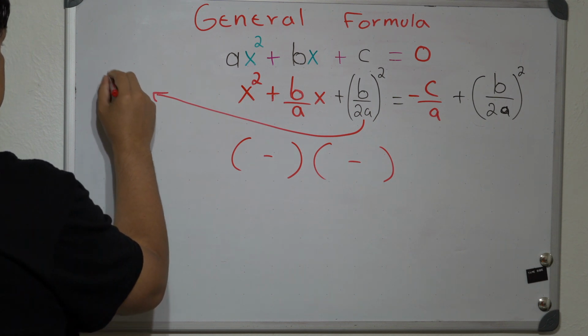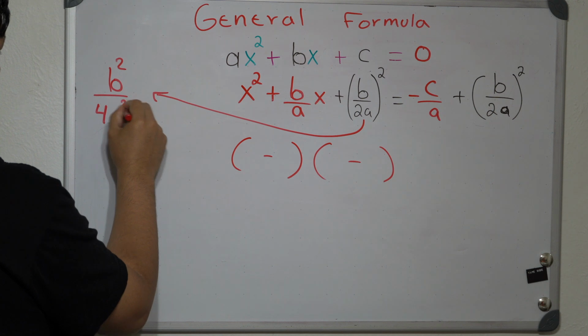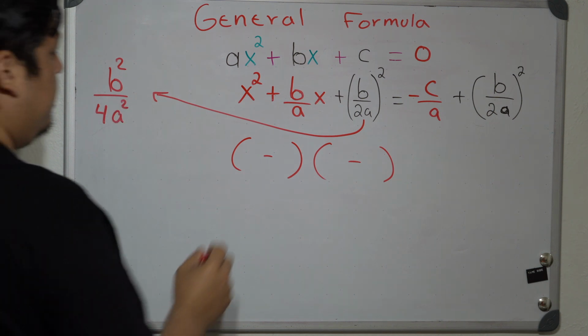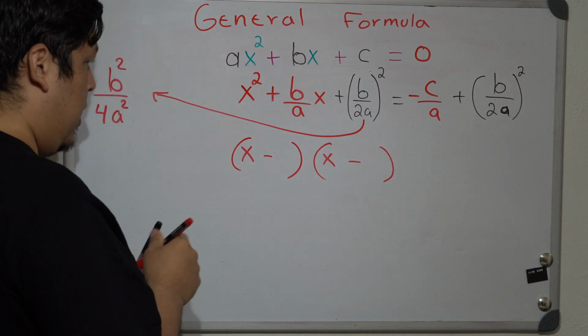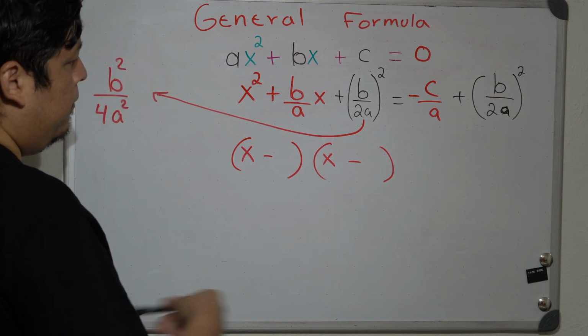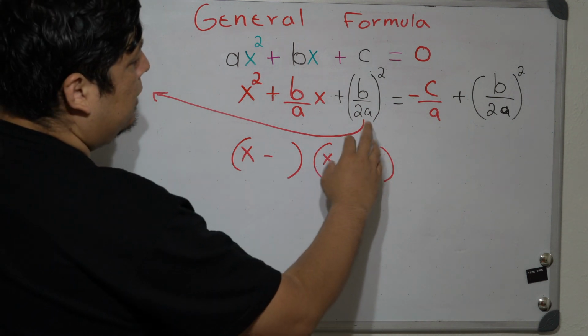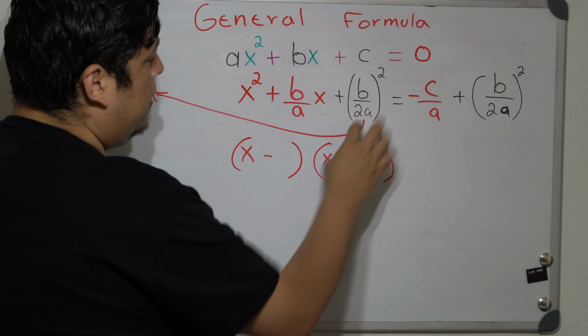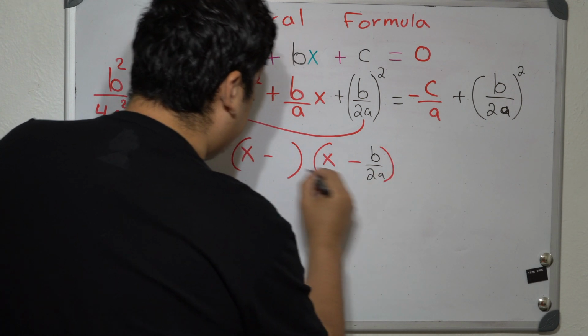So this is simply b squared over 4a squared. Here I need an x and an x automatically, and I like to keep it like this because just by looking at it, I can see that the answer is b over 2a automatically. I'll show you that in a minute.